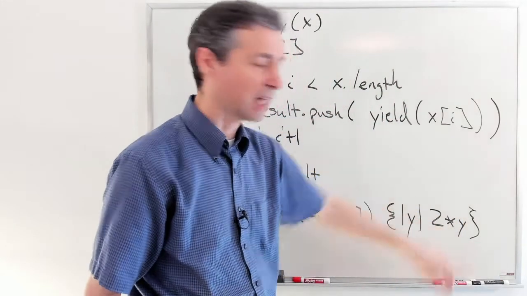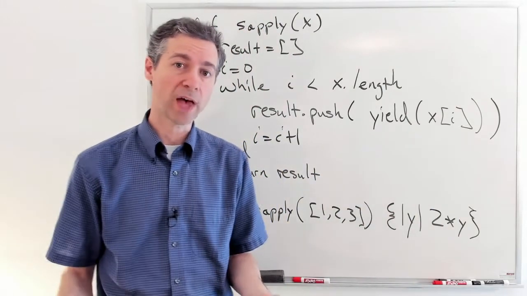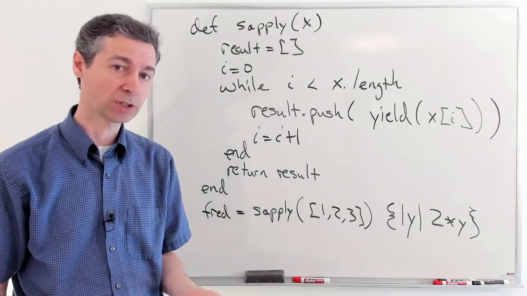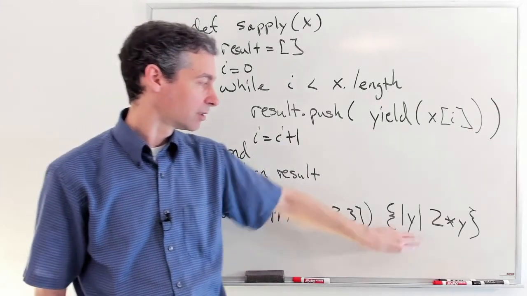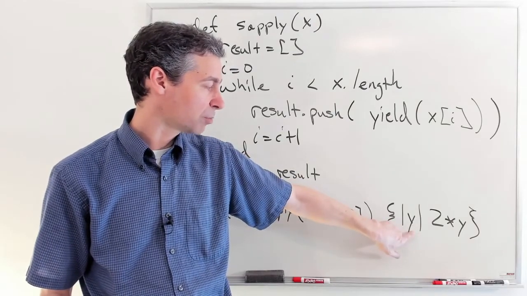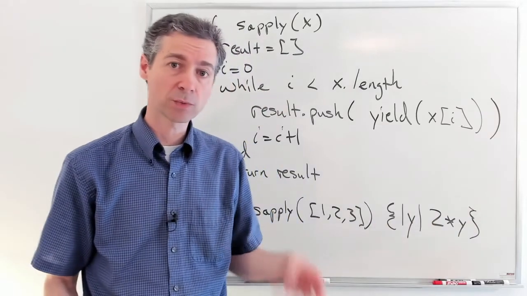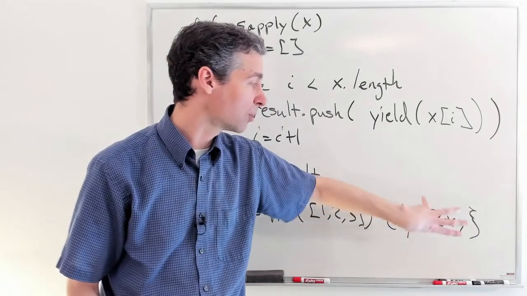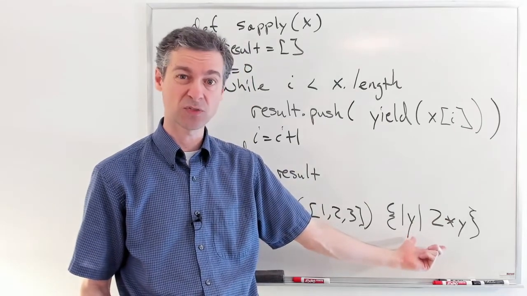And because it's the last thing done in the block, that's also the value that the block returns. So this is just like in R. Take in a parameter, compute, it's the last thing done, so that's what we return as the value of the block when the block runs.